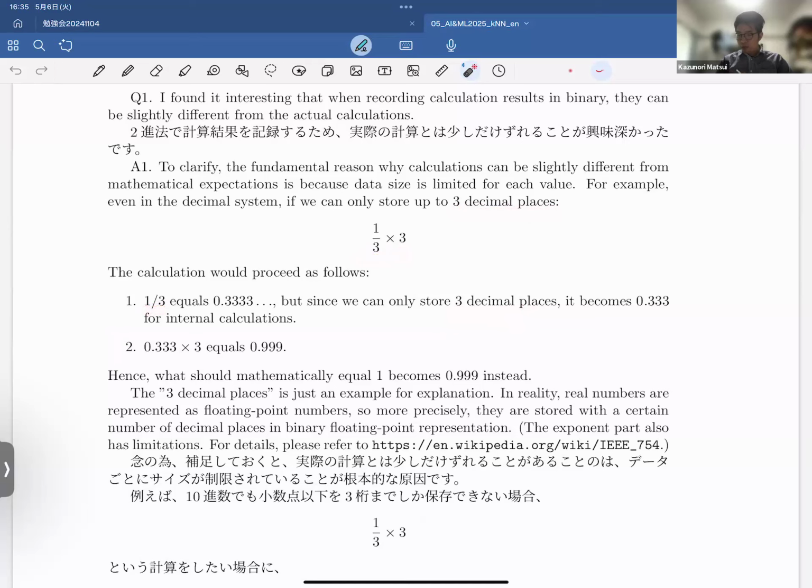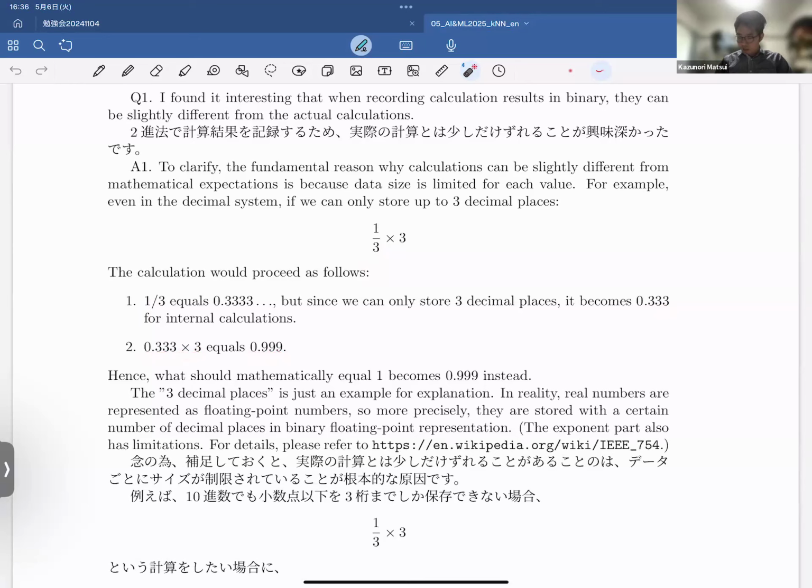However, since we can only store up to 3 decimal places, it gets stored internally as 0.333. When we multiply 0.333 by 3, the result is 0.999. So what should mathematically equal 1 becomes 0.999 instead.